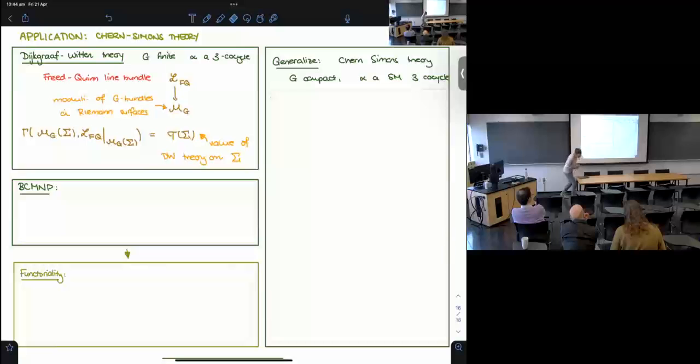And then, I'm not going to tell you the whole story, but Freed and Quinn construct this line bundle, which I'm going to call L_FQ, over the moduli space of ordinary G bundles on all Riemann surfaces, which has the property that if I pick my favorite Riemann surface, I restrict to the moduli of bundles on that surface, and I look at the sections of my line bundle, it's the value of Dijkgraaf-Witten theory on sigma.